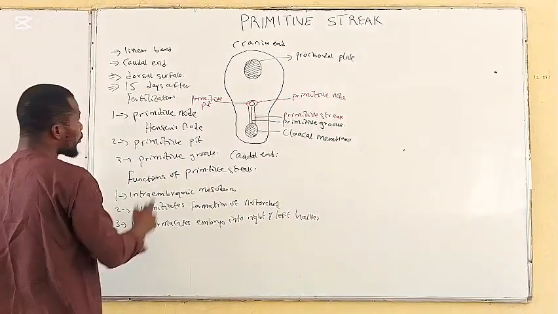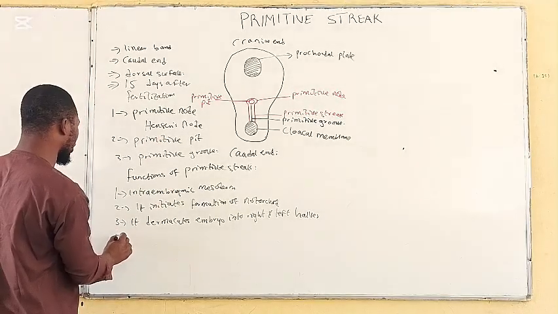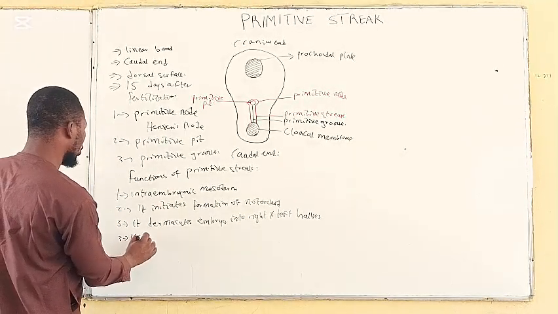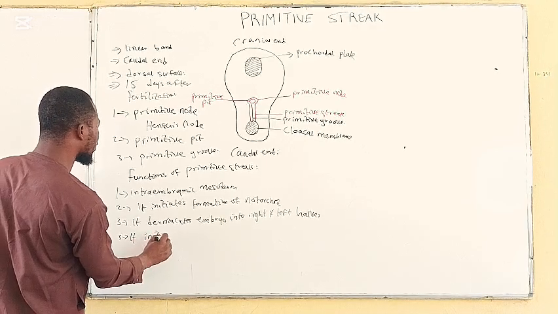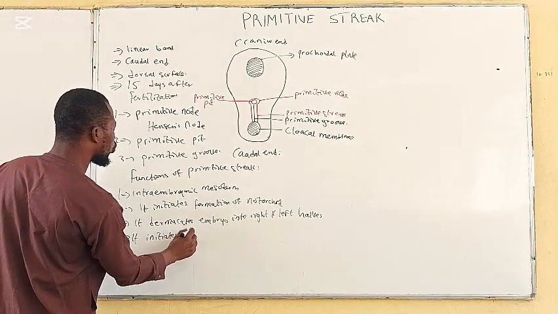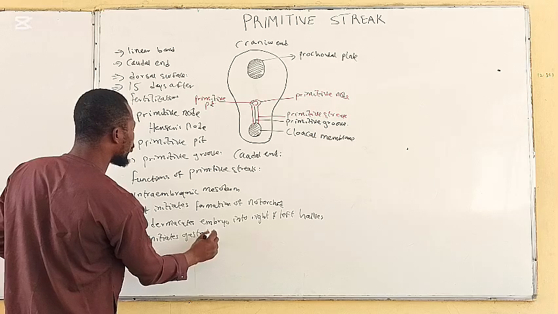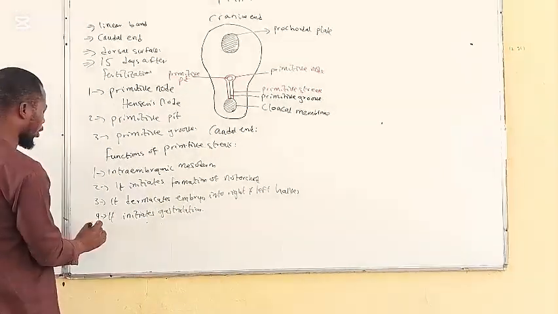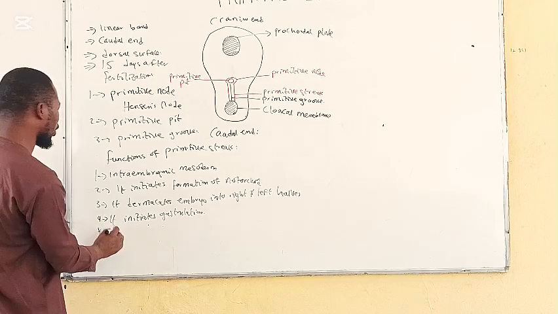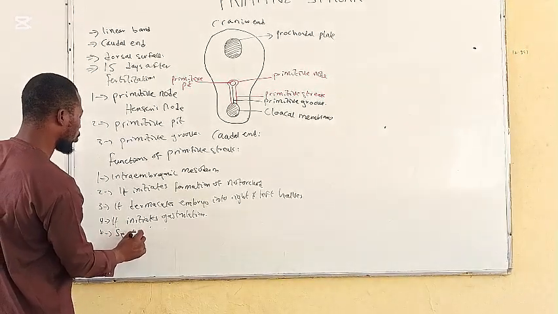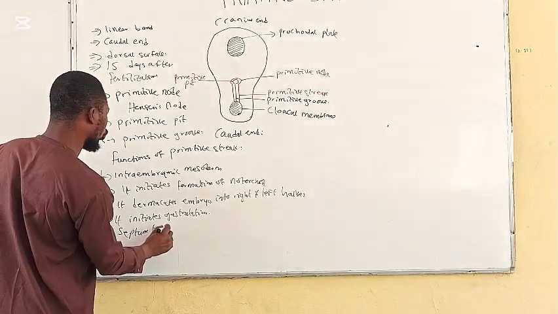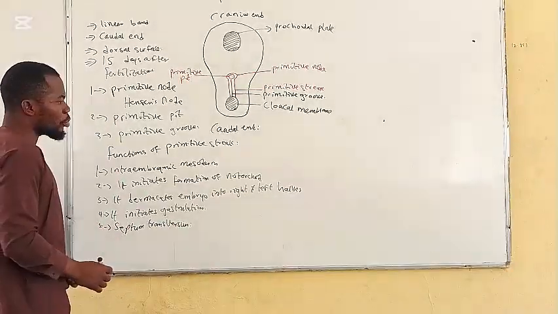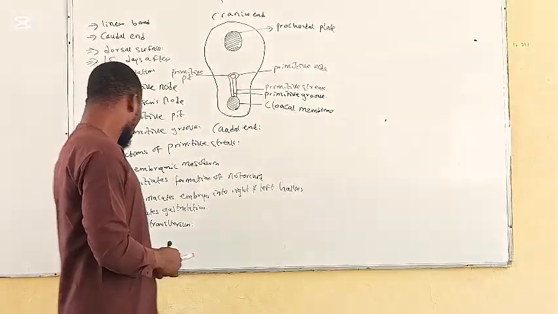Another important function of the primitive streak is that it initiates gastrulation, that is the formation of the trilaminar germ disc. Five, it also gives rise to the septum transversum, which forms the central tendon of the diaphragm.